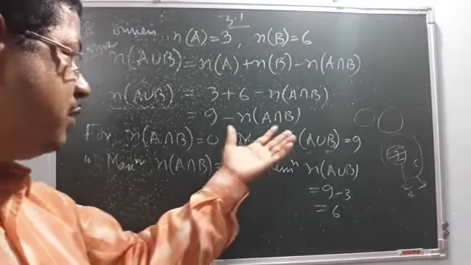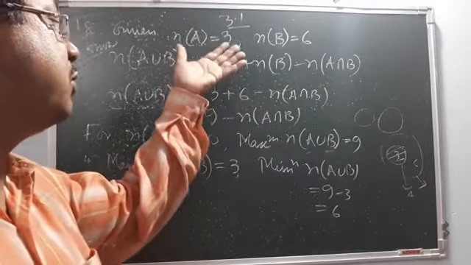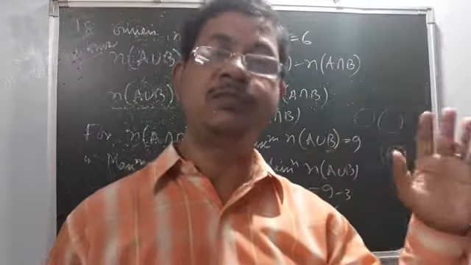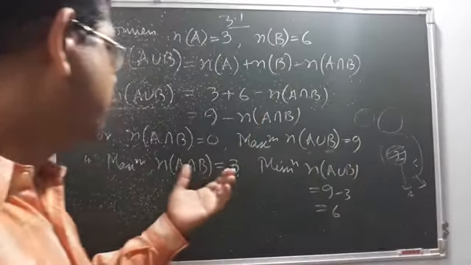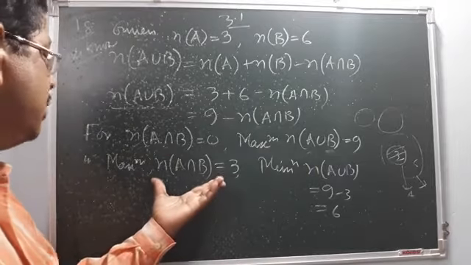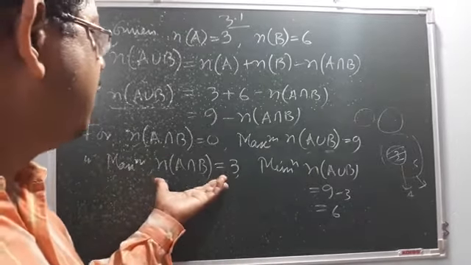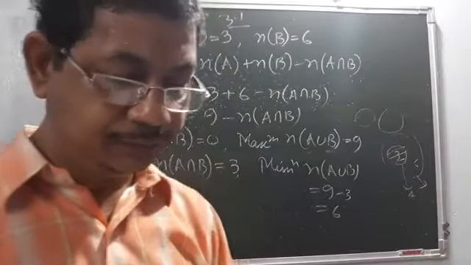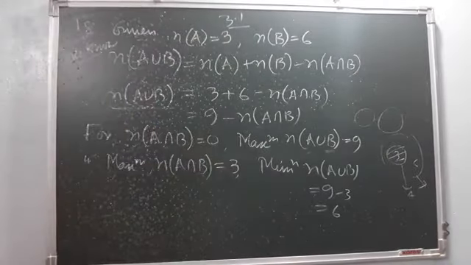The maximum value of A intersection B can be 3 only, because here there are 3 elements, here 6 elements, so the common elements can be at most 3. So of course A intersection B is 3 as the maximum value, and if we put 3 here, 9 minus 3 is 6, which is the minimum value of A union B.